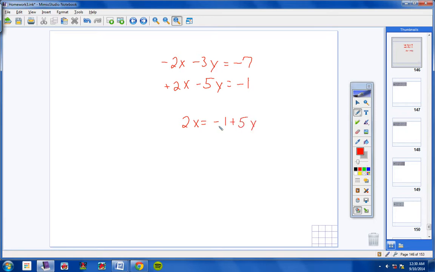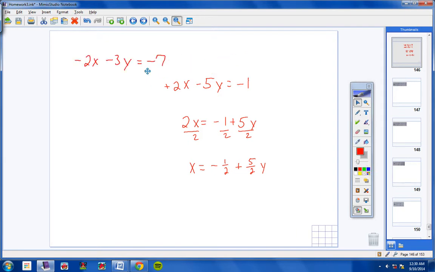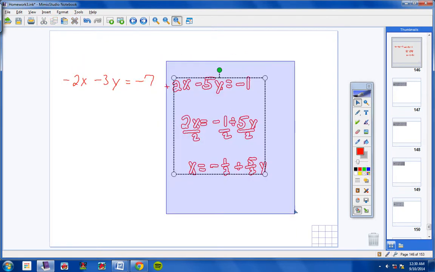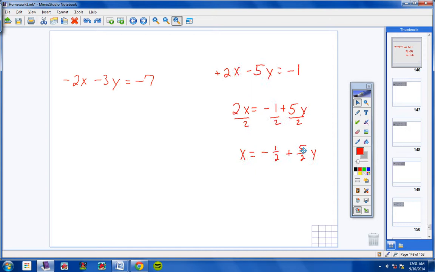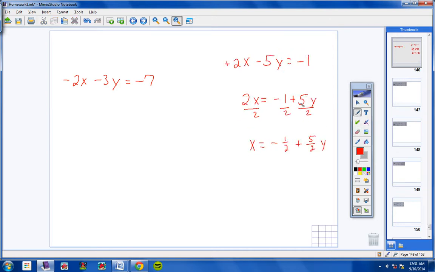And now we're going to divide everything by 2. So divide by 2, divide by 2, divide by 2. x equals negative 1/2 plus 5/2 y. Okay, so what I'm going to do now is I'm going to take my top equation, and everywhere there's an x, I'm going to put this expression right here.